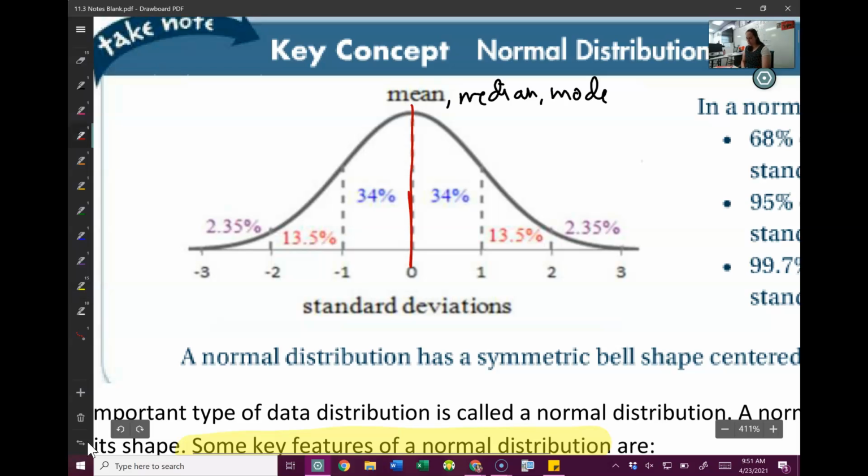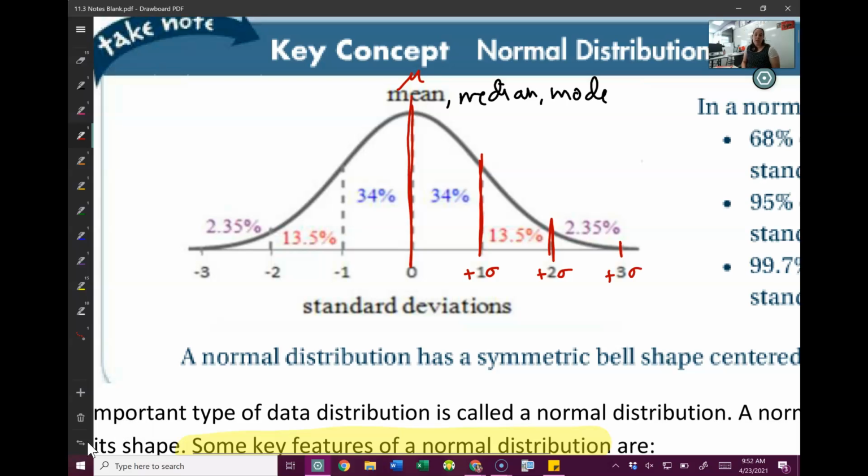So right here is the mean, or mu. As we go out from the middle, we measure how many standard deviations are out from the middle. So we would say this one is 1 standard deviation, and we would say it's plus 1 standard deviation. This one is plus 2 standard deviations. This one is plus 3 standard deviations.